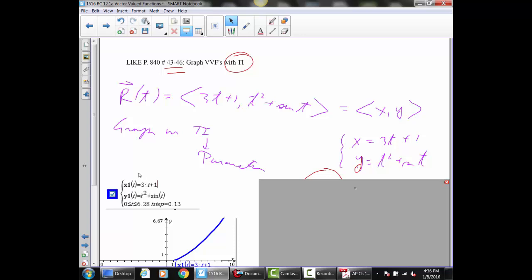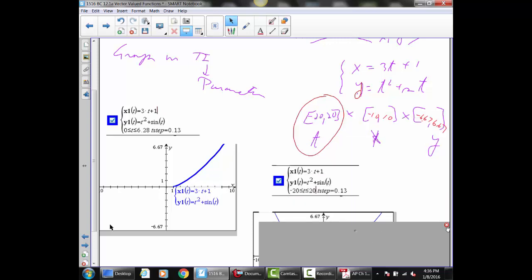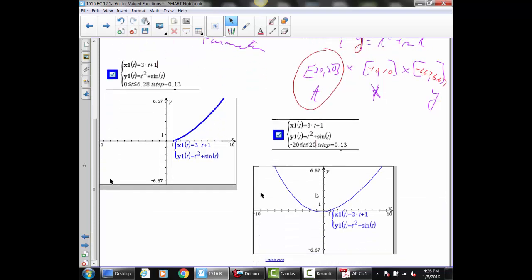If we had, for example, y equals 3x plus 1, why would you limit x to be between 0 and 6? If you were to graph it, you'll only get this portion of it. You need to make that window a lot bigger. So if you make it negative 20 to 20, you'll get the rest of the graph.